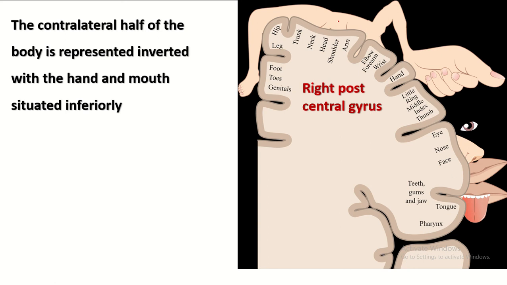For the rest of the body, a very small area of the sensory cortex deals with it. The sensation of the rest of the body is carried by a very small area of the sensory cortex, but most of the sensory cortex is used to deal with the sensation coming from the hand, face and tongue.